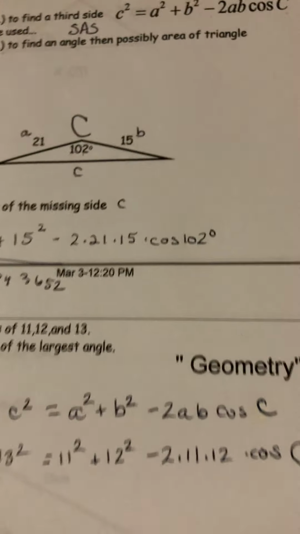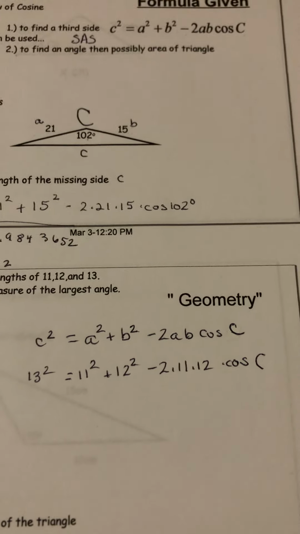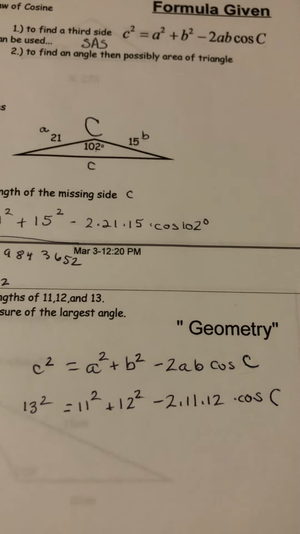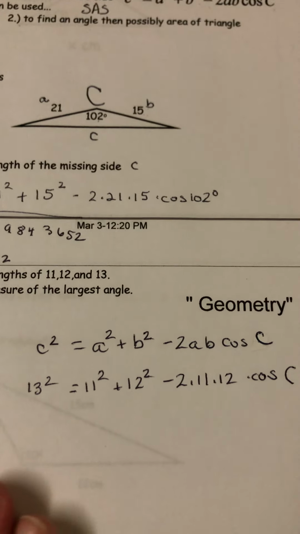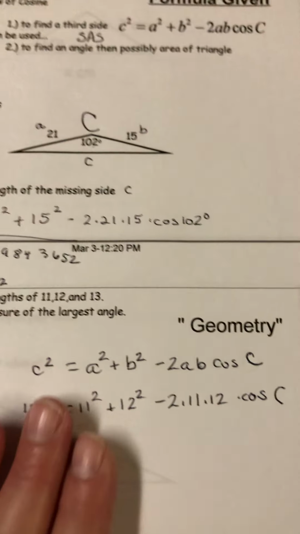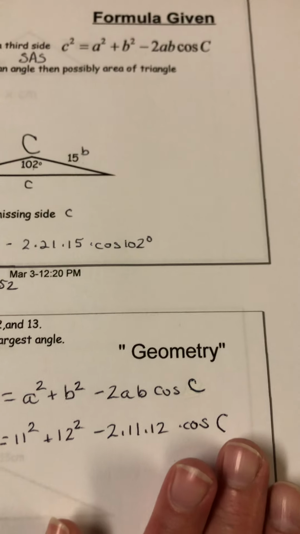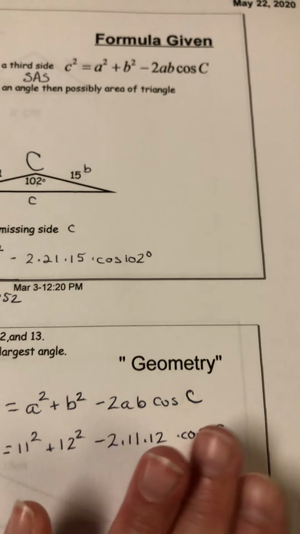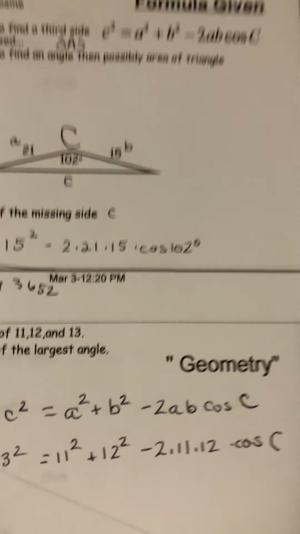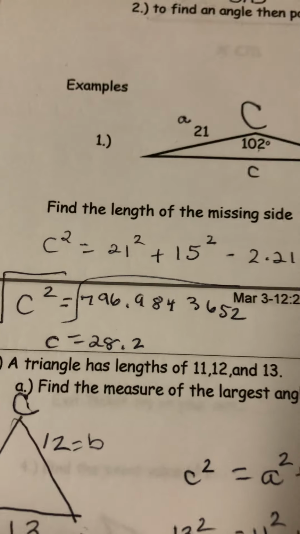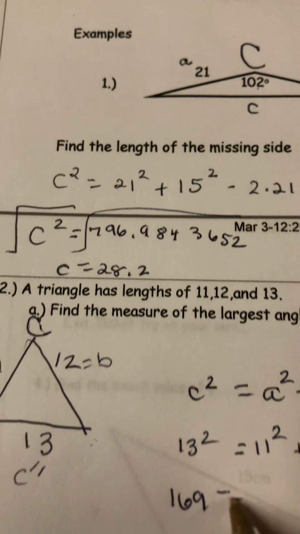So cosine angle C. All right, see how this is kind of awkward? We are going to have to try the best here, clean this up with as much PEMDAS as possible, but ultimately we want to get cosine C by itself. So let's do what we can. 13 squared is 169.